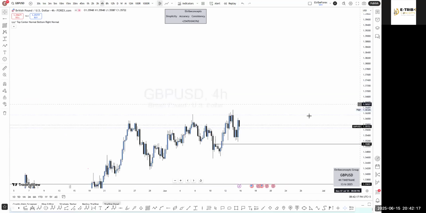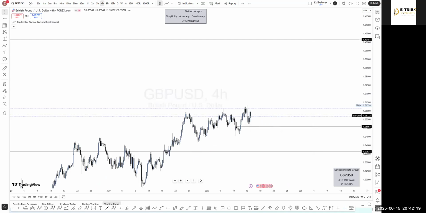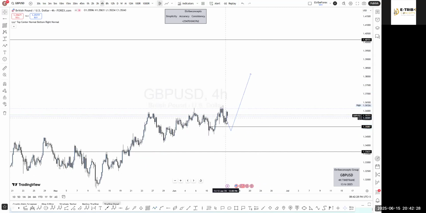I'm expecting a bullish move from around this point, from around that price level. But when it comes to looking for entry levels, there are things that we check on the lower time frame. So I'm also bullish on GBPUSD. That's what I have on GBPUSD.